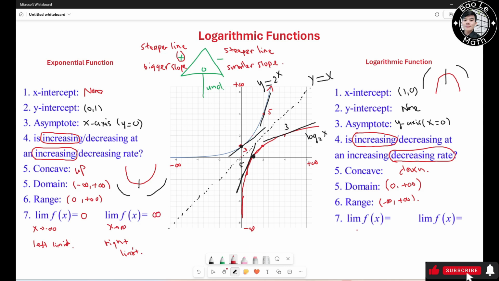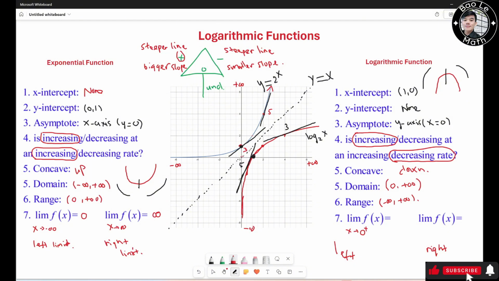Now take a look at the logarithmic function right here. We need to find the left limit and the right limit. Left limit right here and right limit right here. The left limit is the limit of f of x when x approaches 0 plus, which means 0 from the right. So when x approaches 0 plus, the function approaches negative infinity, right?